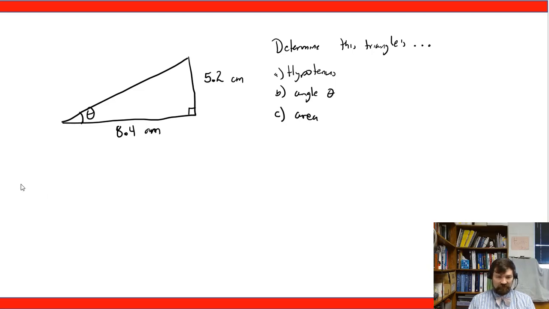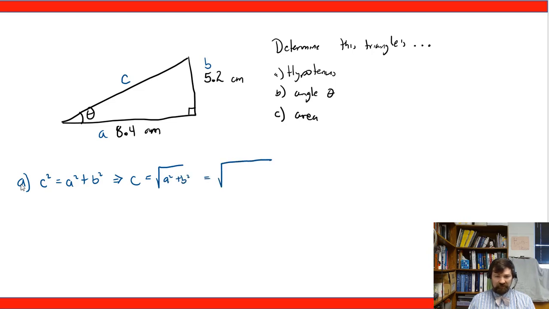All right, so we'll start by determining the value of the hypotenuse. So Pythagorean Theorem says if we label this C, this A, and this B, it says that C squared is A squared plus B squared. Okay, so that means that the hypotenuse should be square root of A squared plus B squared.